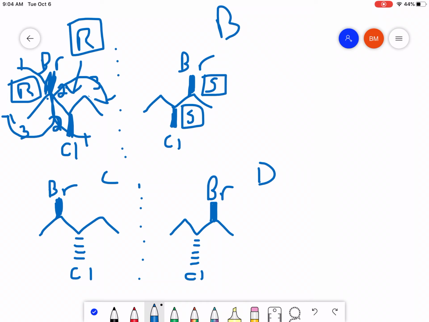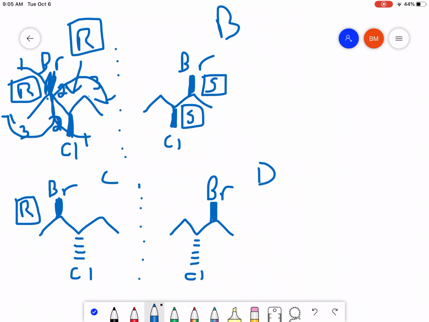Let's take a look at the first carbon, the carbon with the Br. Now, that Br is still pointed in the same direction, right? We actually didn't switch groups at all. So, should the arrangement around that Br change? No. That is still going to be R, right? We haven't changed anything around it.